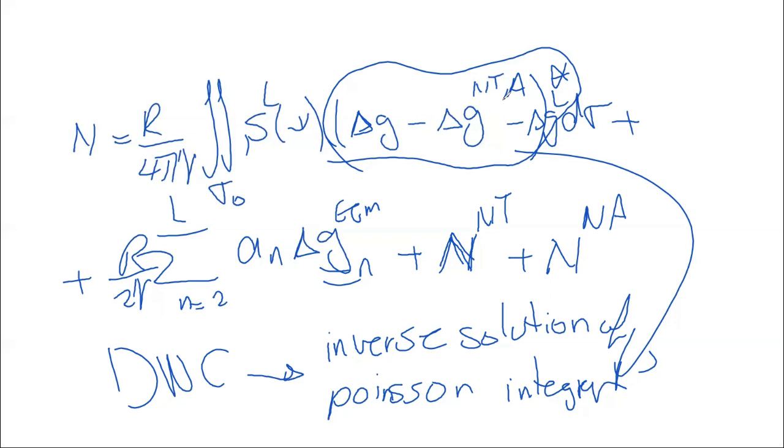So I can explain what they actually do here. They have a gravity anomaly at the surface of the Earth, for example, and they want the gravity down at the geoid level. Then we solve this integral.